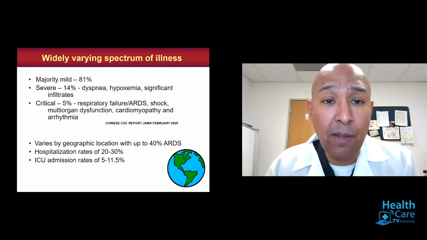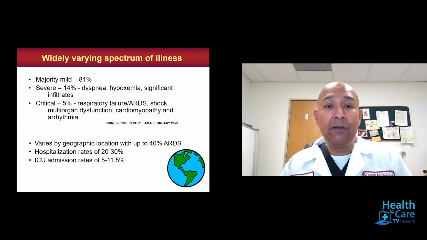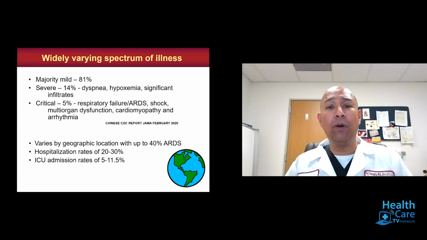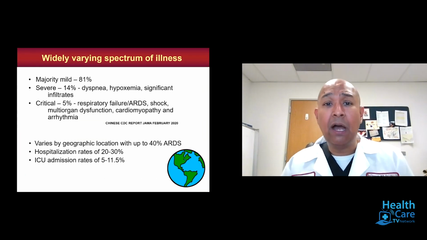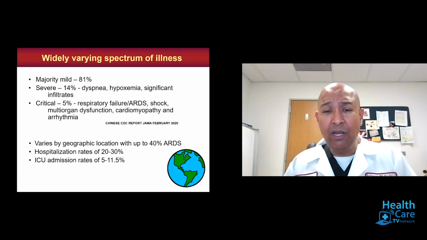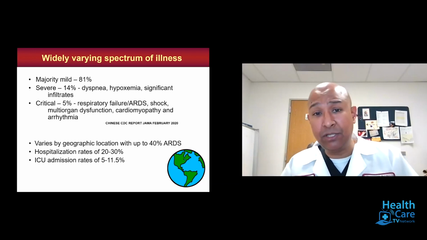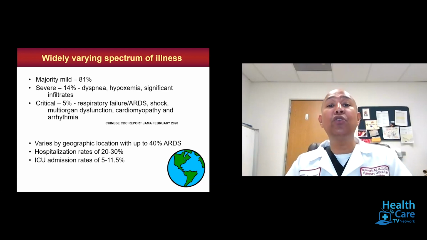When we talk about COVID-19 in general, I think the big thing is that there's just a wide spectrum of disease and illness. Anytime I go on a media platform or talk to my residents or fellows, I always say that COVID-19 is a heterogeneous disease, meaning that what people see in one part of the country is different than the next, the East Coast, the West Coast, or even within the same state, or even within New York itself.